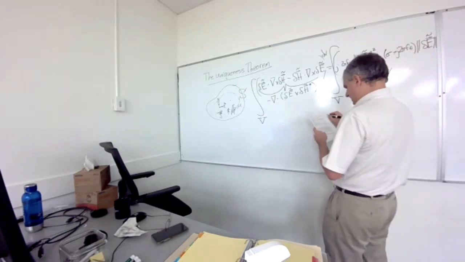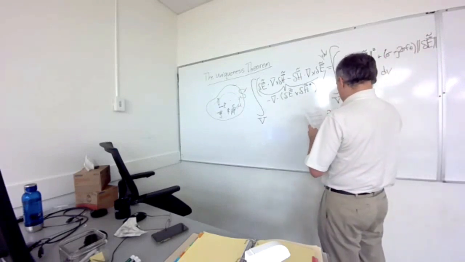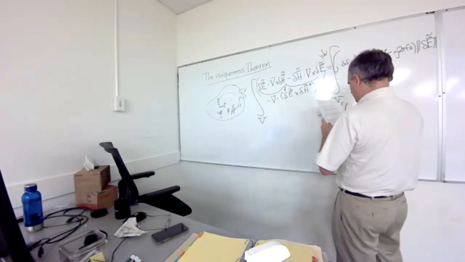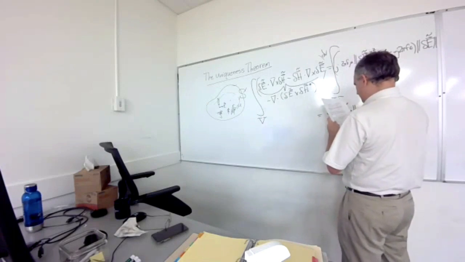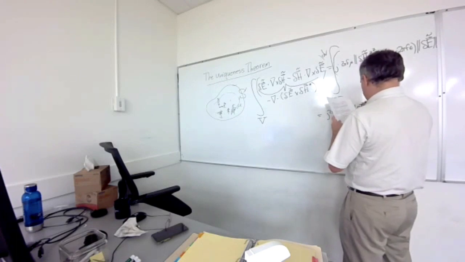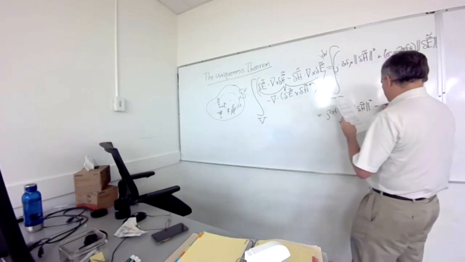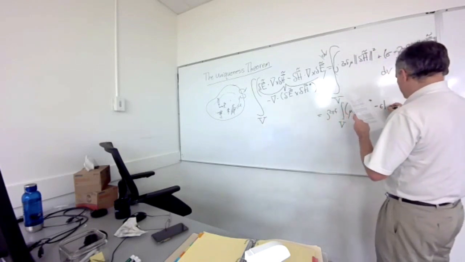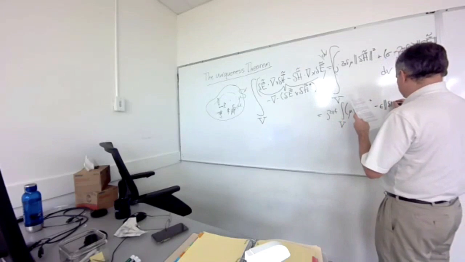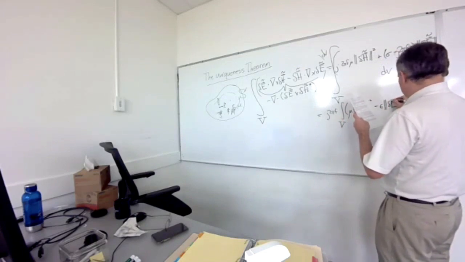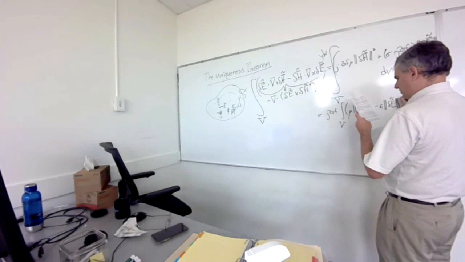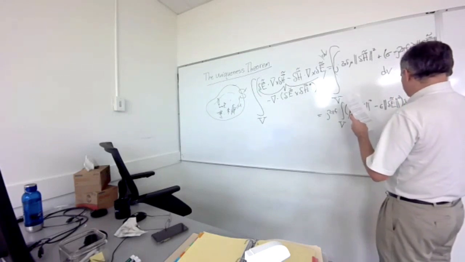So I'm going to write this as J 2 pi F times the volume integral of the quantity mu magnitude delta H squared minus epsilon magnitude delta E squared dV.